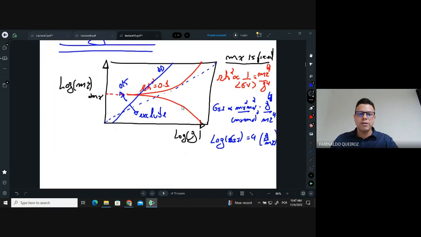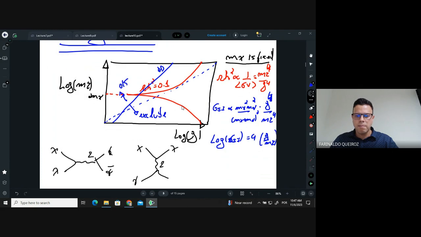I had this diagram here, and this one here is the same. Apart from some small differences, it's basically the same. I just rotated. Okay? This coupling here is the same as this one. This coupling here is the same as this one. This particle here is the same as this one.